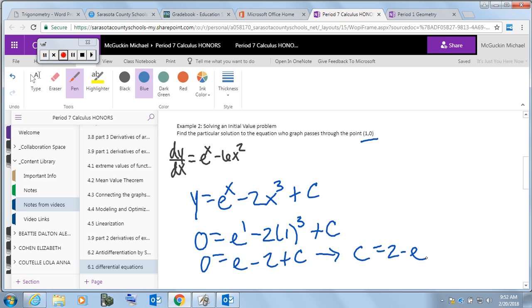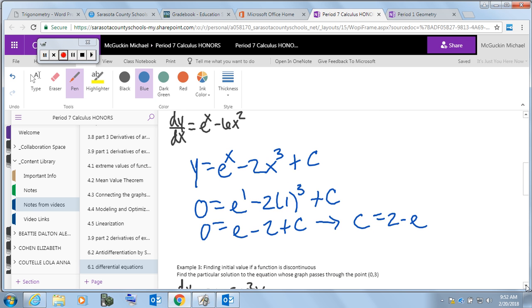And if I want to find the actual particular solution to it all, I can make the statement that the particular solution is y equals e to the x minus 2x cubed plus c, right? But c now has value. So really it's going to be plus 2 minus e, the 2 minus e that we found for c.